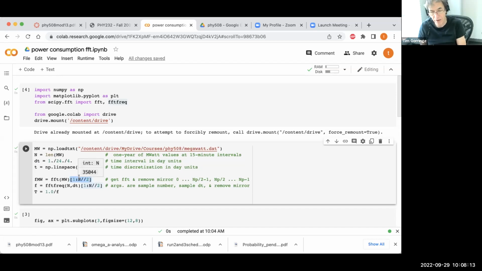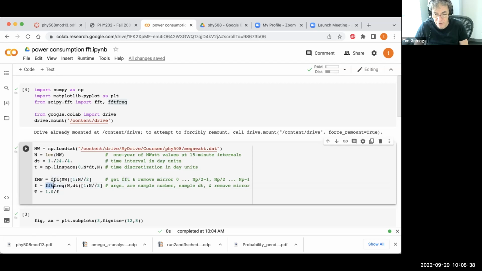The upper half of the frequency array is a mirror of that frequency distribution. And so I've sliced the array that is returned from calling the function FFT. I've chopped off the top half and just kept the bottom half. So I just have one copy of the frequency distribution.